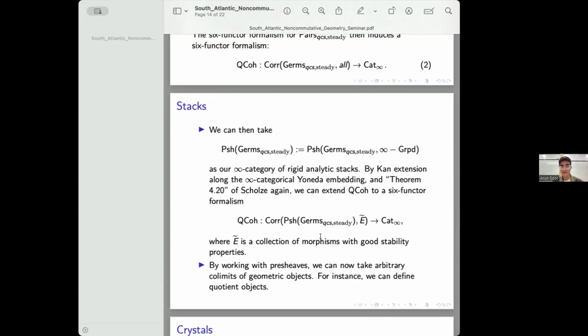So that's going to be our category of stacks. And by left Kan extension, we can lift the six-functor formalism from the category of germs to the category of presheaves on germs.